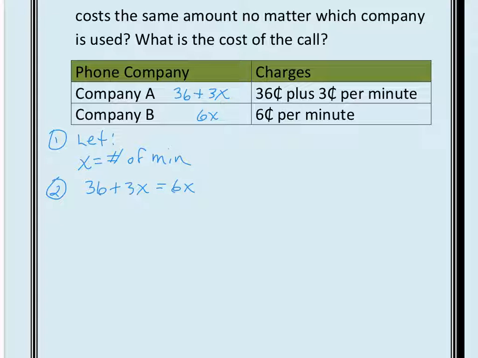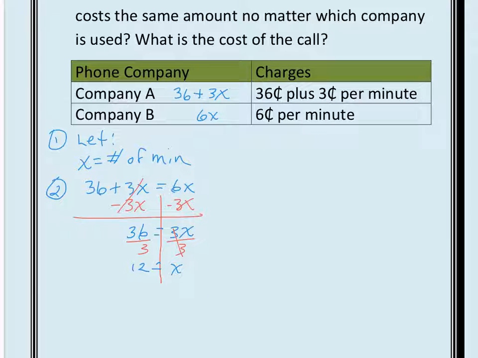We have a variable on both sides, and we want to get rid of the smaller one. 3x is smaller than 6x, so I choose to move the 3x by subtracting 3x from both sides. That gives me 36 on the left equals 3x on the right. To solve for x, we're going to divide by 3, and we get 12 is equal to x.